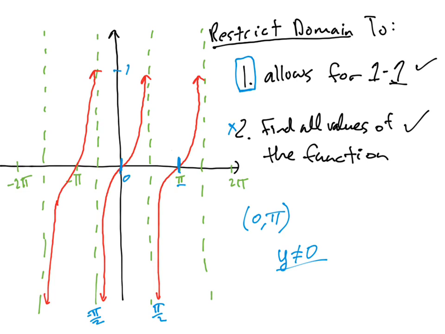So what we need to do is we restrict from negative pi over 2 to pi over 2 for a tangent graph. So this is y equals tangent of x.